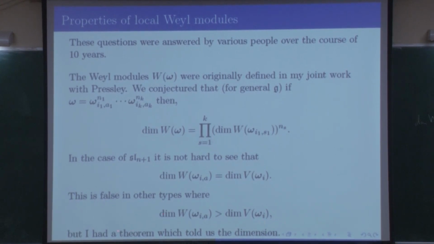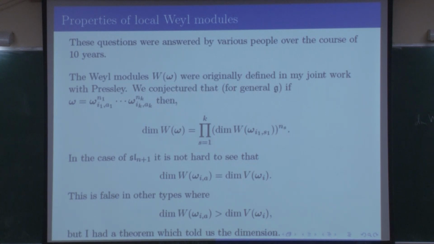And I had a theorem which told you what this dimension was. But this fact is really what makes it interesting, because in some sense these modules all came from looking at representations of quantum affine algebras, which are connected with physics in some way. And Kirillov and Reshetikhin, both math physicists, conjectured that we had these kinds of modules.